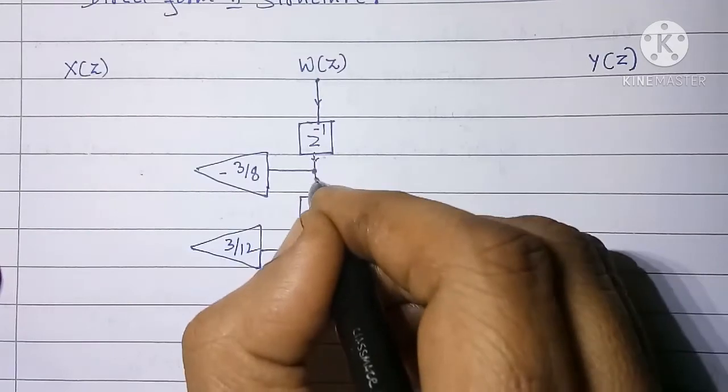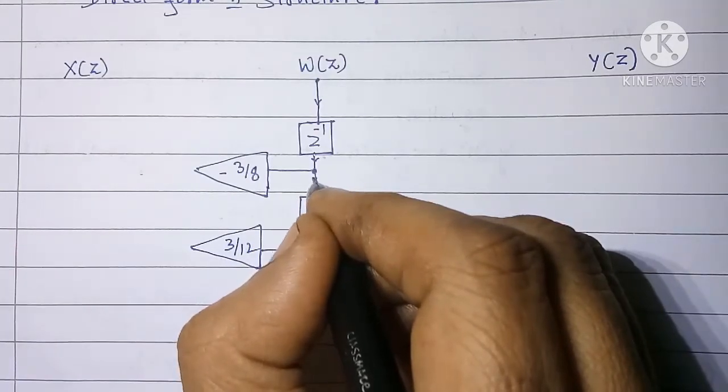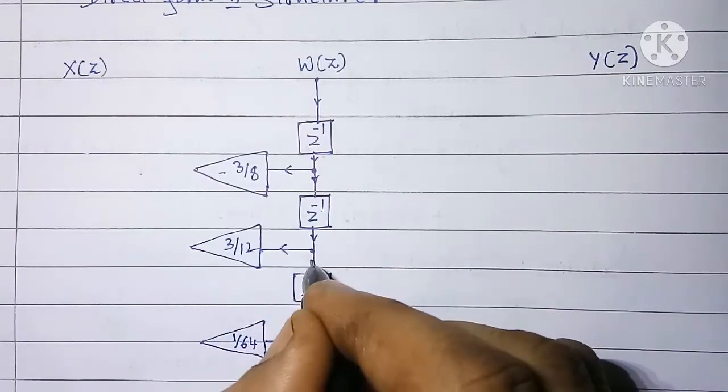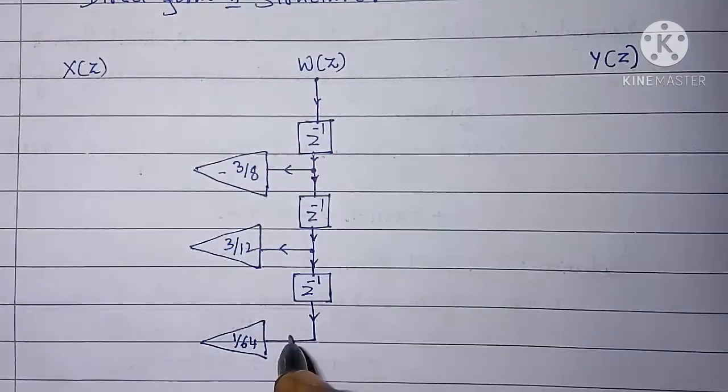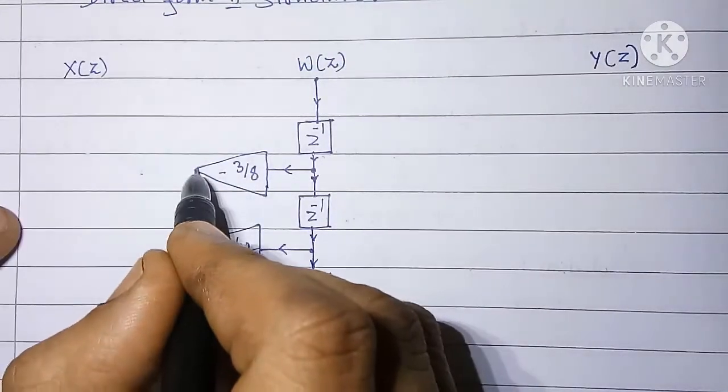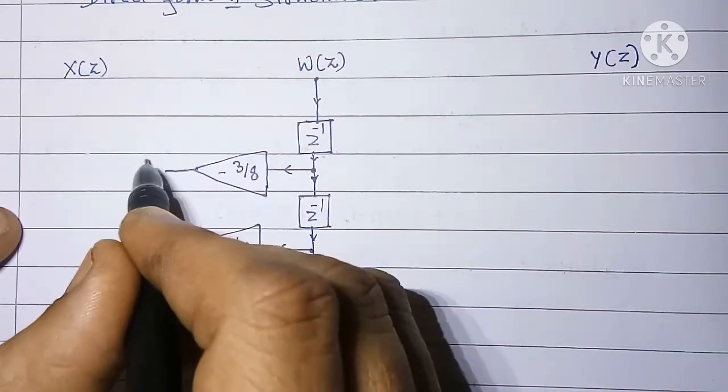For all these lines you can show arrow marks. And then summer or adder you have to show here.